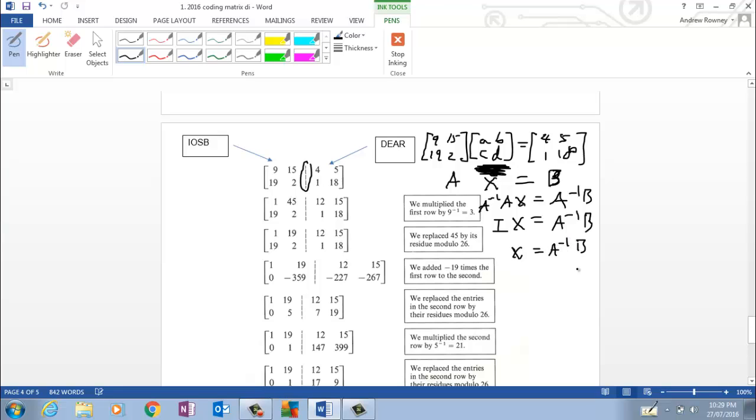Now, if you do that on the graphics calculator, if you just do the inverse of A and multiply by B, you actually get decimal values, and you can't read off the alphabet what those represent. So what we're going to use is row operations, and we actually get this line here when you do row operations. If we can get it down to the identity times x equals this, then we'll have what x is.